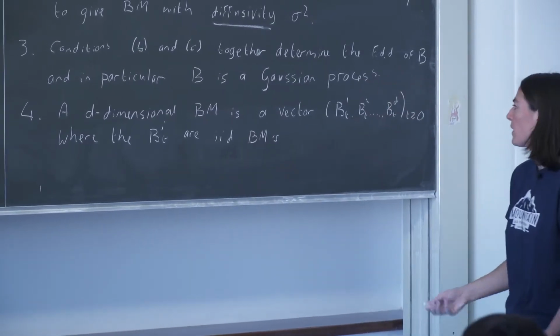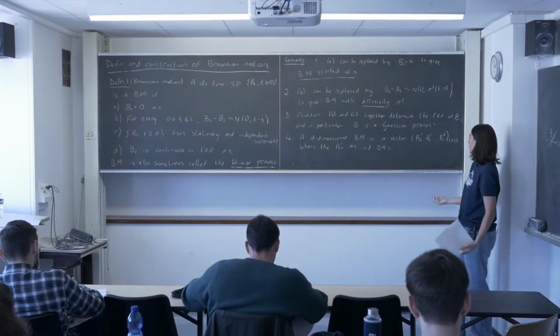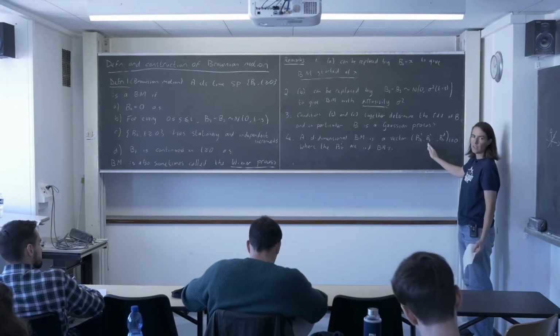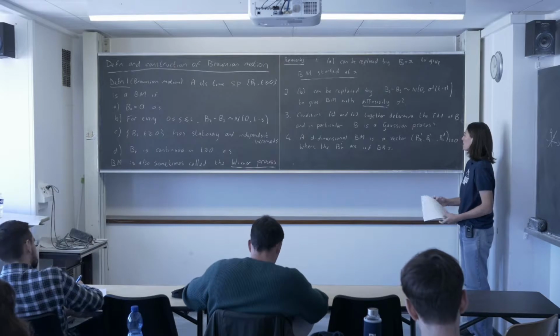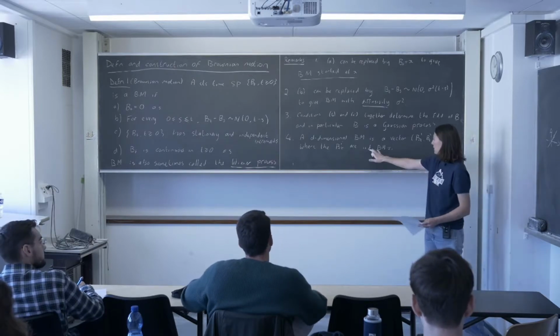So if I want a high dimensional Brownian motion, each component is itself a Brownian motion, and each component is independent of the others. This is independent in pairs. This is important.